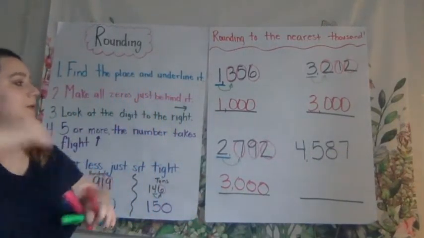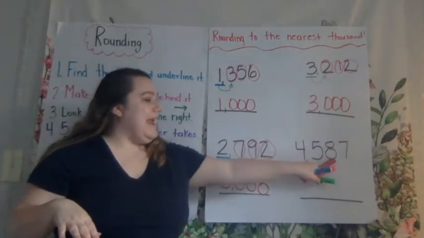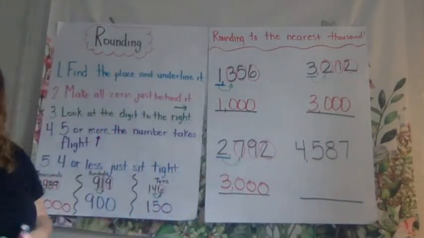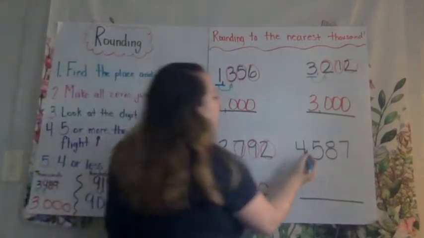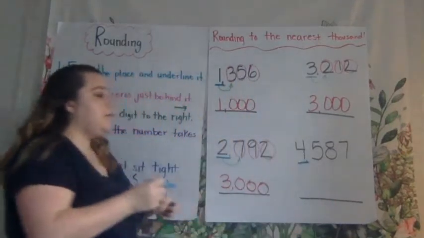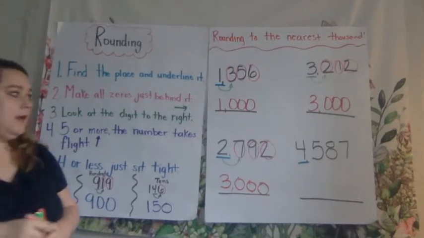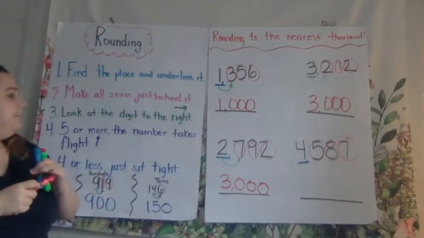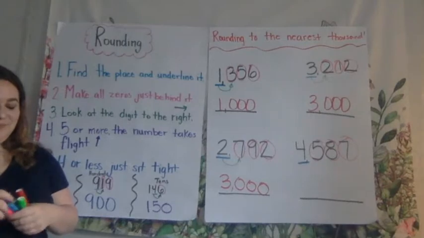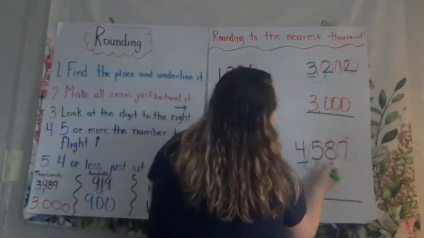Good. Our last one. Our number is 4,587. What's my first step? Yeah, I underline the number in the thousands place. So then rounding to the nearest thousand. What is my second step? Everything behind it turns into a 0. Good. What is my third step? I look at the digit right next door.